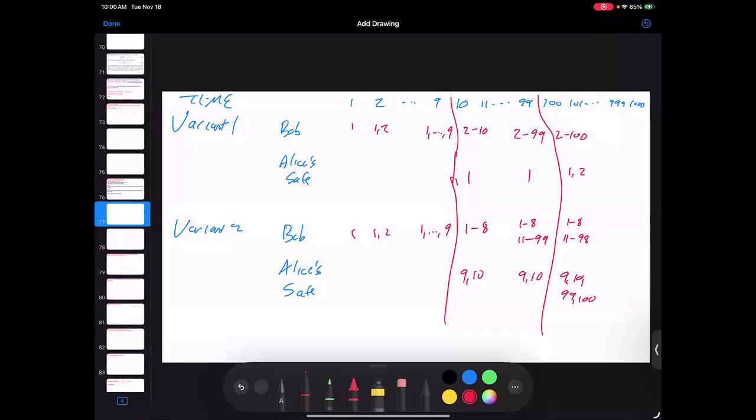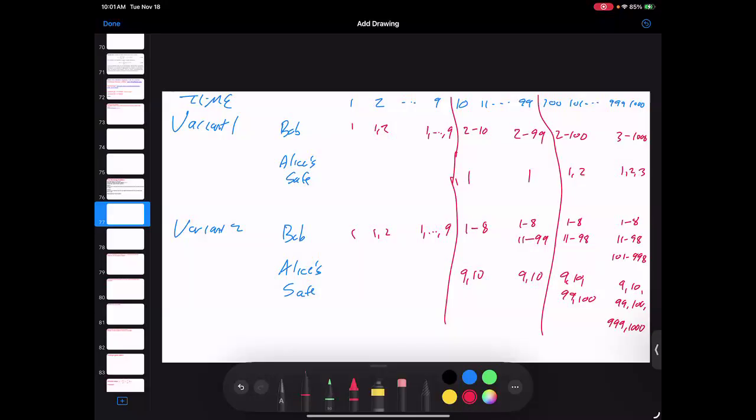If we were to do this again, when we get to 1,000, Bob would have 3 to 1,000, and Alice's safe would have 1, 2, and 3. Down here, Bob would have 1 to 8, 11 to 98, 101 to 998, and Alice's safe would have 9, 10, 99, 100, 999, 1000. So we can see in the second variant, Alice has much more money in her safe.